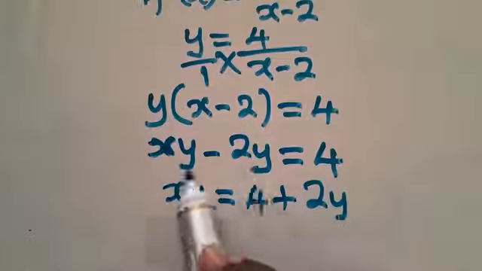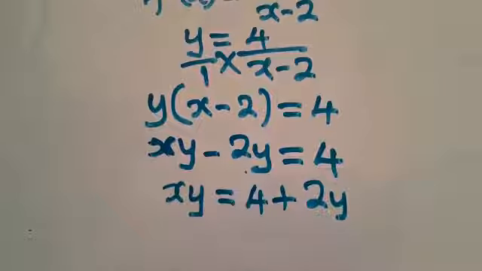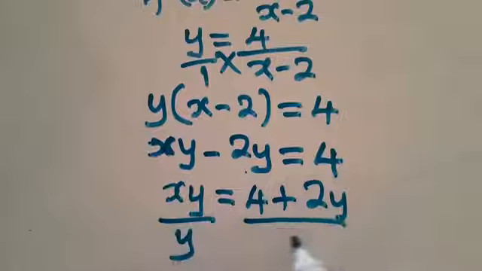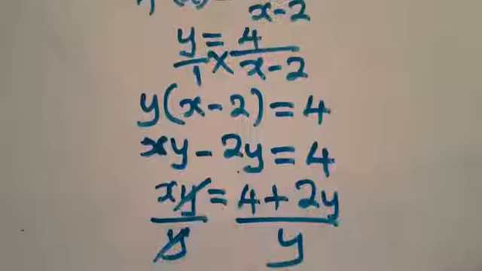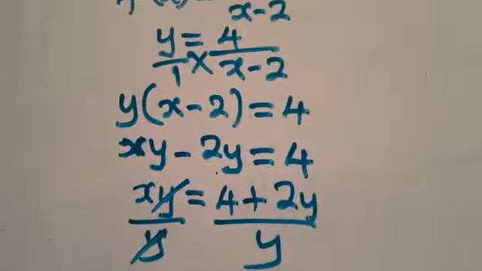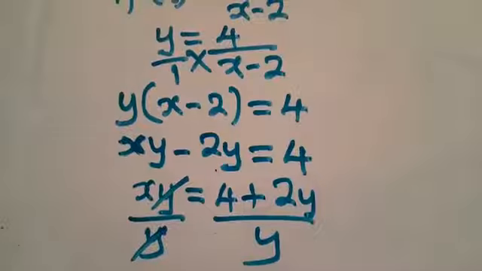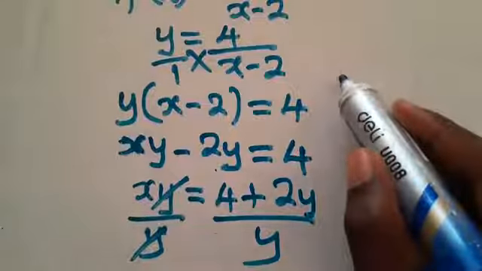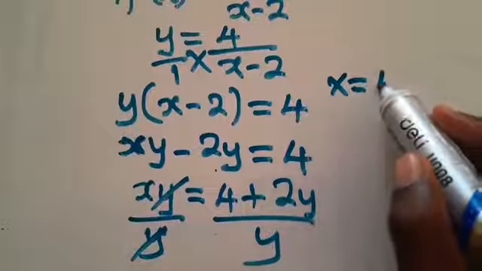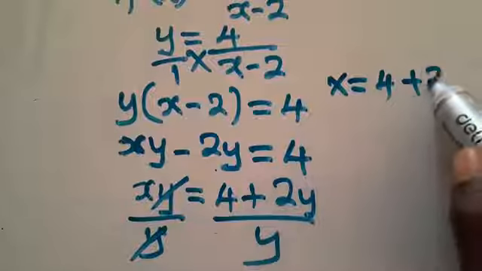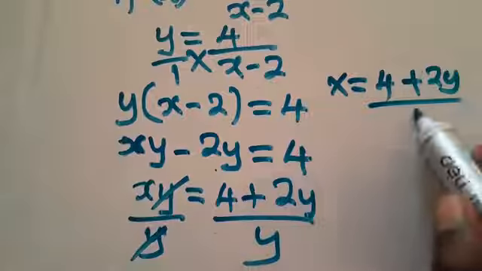Some people start factorizing. No, your concentration should be on the x. Make x the subject of the formula. Divide by y. This and that cancel out. So what you are going to have will be x is equal to 4 plus 2y over y.